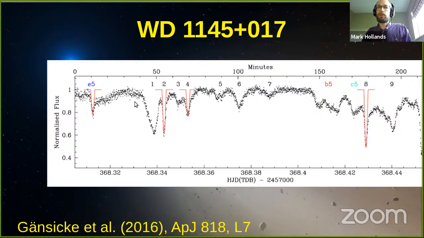But what you see is there's lots of different transit features that come and go every 4.5 hours, and then after several orbits, maybe a couple of days worth, each feature will disappear and new features will reappear. And so what you're looking at is the actual breakup of debris itself, producing lots of dust, which can obscure up to half of the starlight from the white dwarf at a given time.